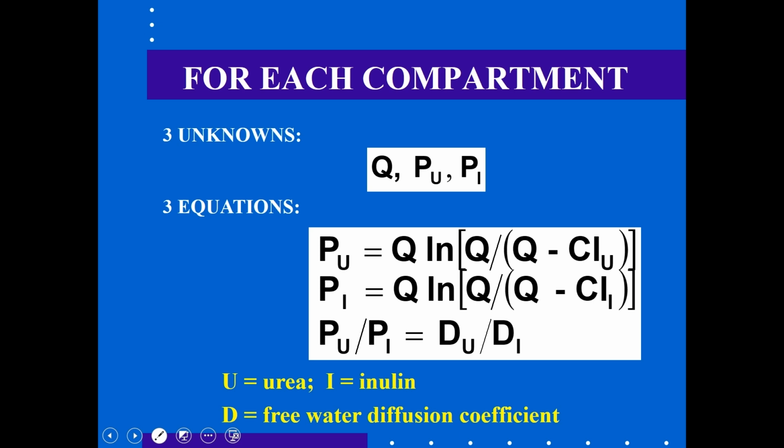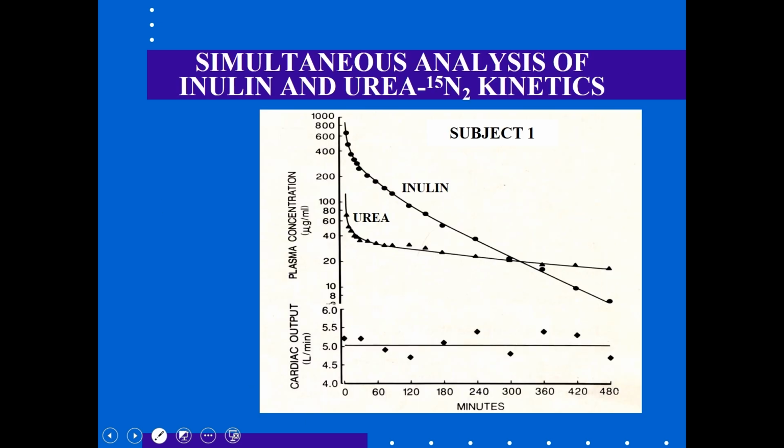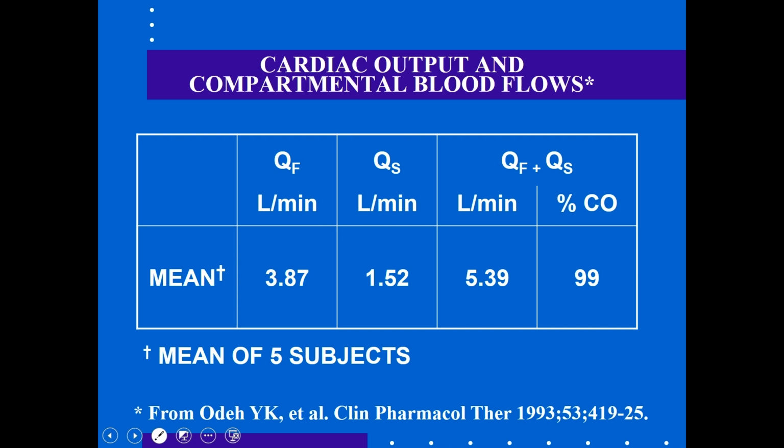The surface area products will be the same as the ratio of their free water diffusion coefficients, which you measure in vitro. And if we do that and simultaneously measure cardiac output, we now can compare our flow estimates for the 2 compartments in our model with independently measured cardiac output. And you can see here the correspondence is fairly close.